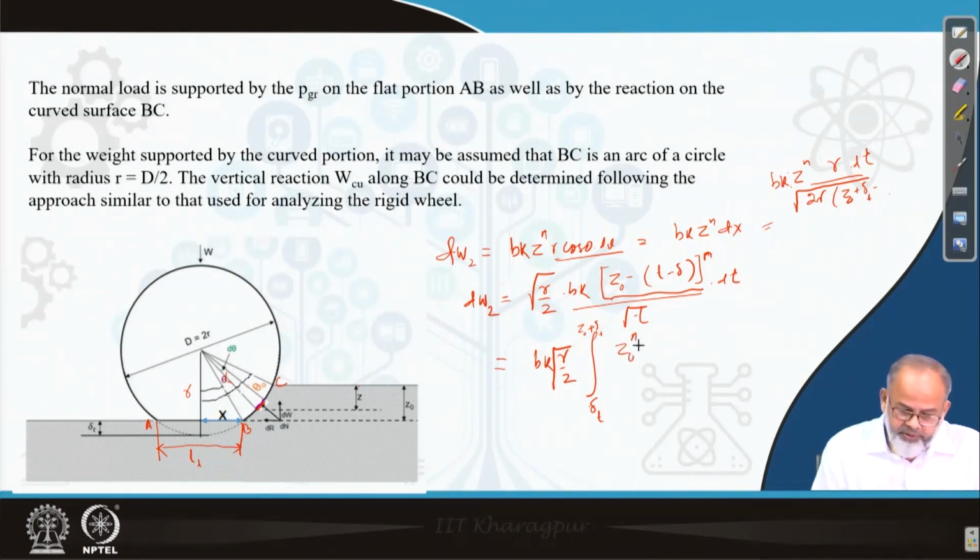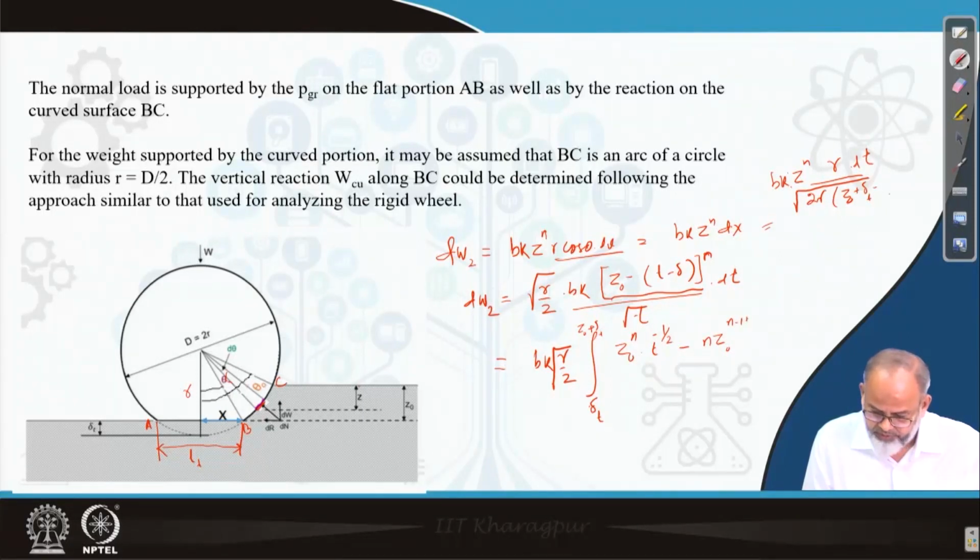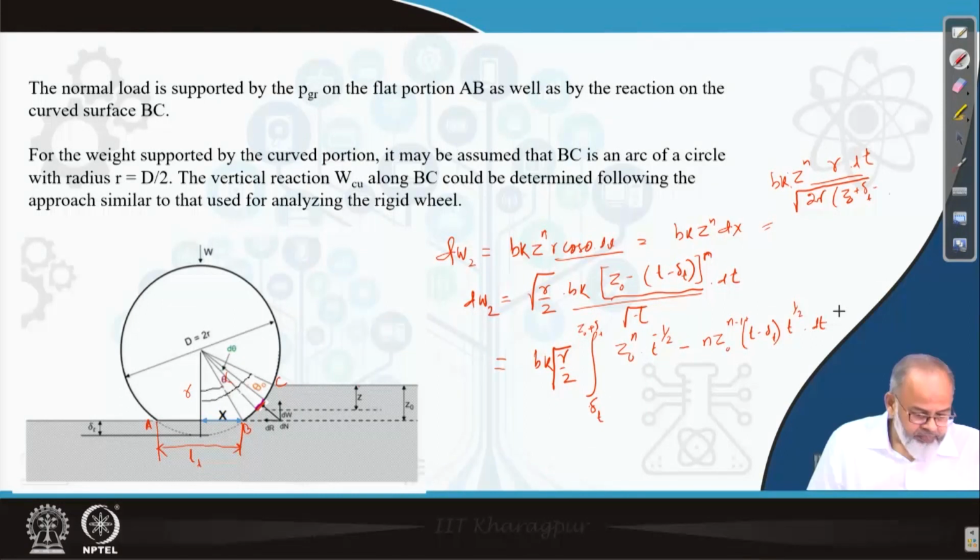So z0 to the power n into t raised to the power half minus n z0 to the power n minus 1 into t minus delta t, into t raised to the power half into dt. So this has to be integrated from delta t to z0 plus delta t.